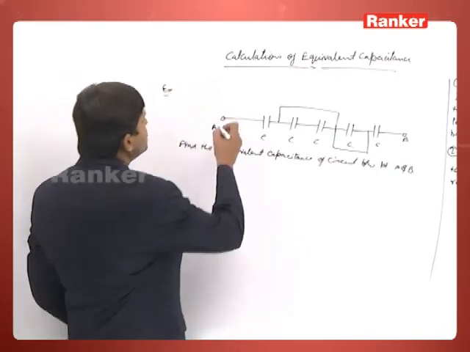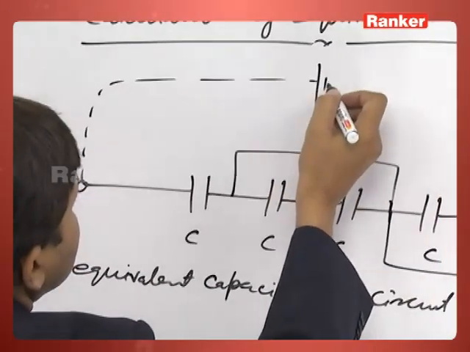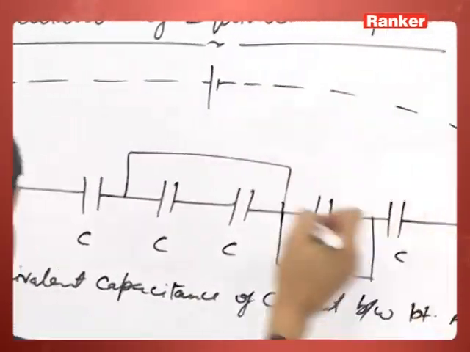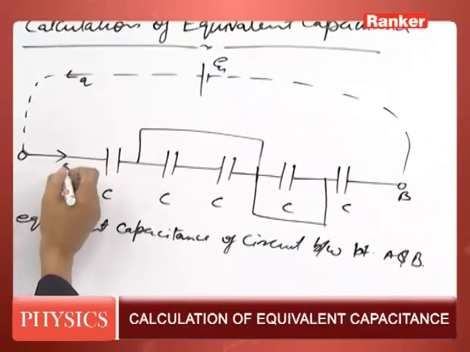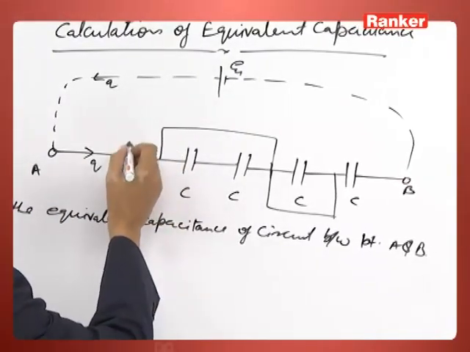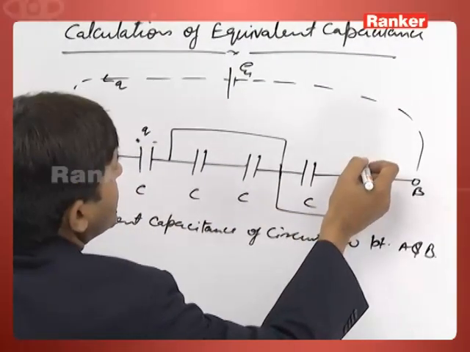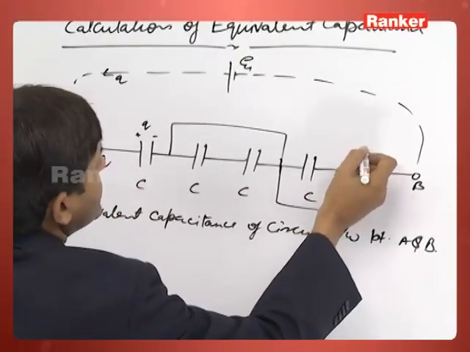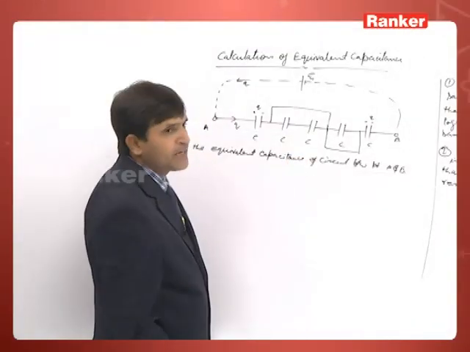Now if we are connecting a battery here, what will happen? Charge Q will come here, and that charge will leave from here. Now here charge distribution may take place.